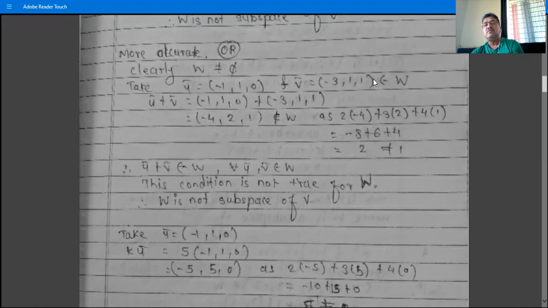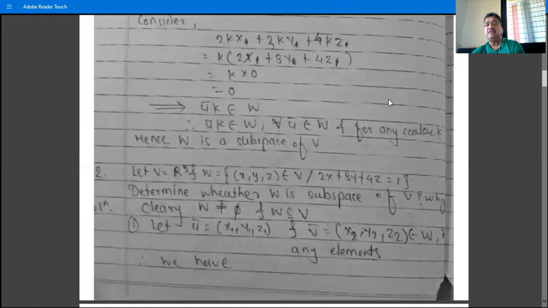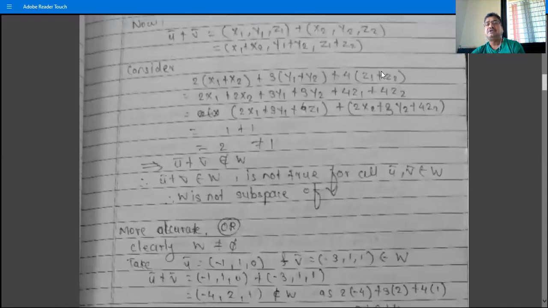Then (-3, 1, 1) is also an element of W. Why? Because 2 into -3 is -6, 3 into 1 is +3, and 4 into 1 is +4. So -6 plus 7 is again 1. So (-3, 1, 1) satisfies the condition 2x1 plus 3y1 plus 4z1 is equal to 1.